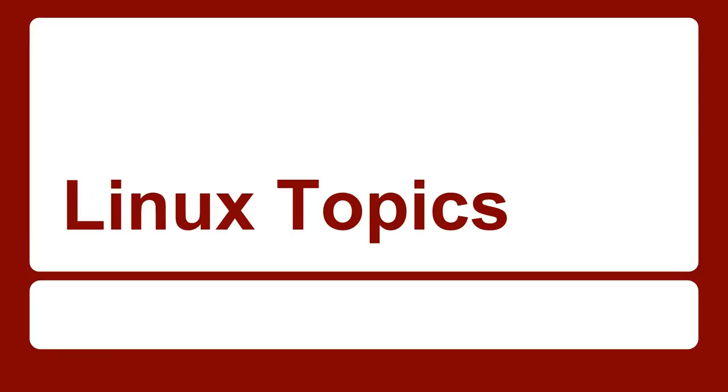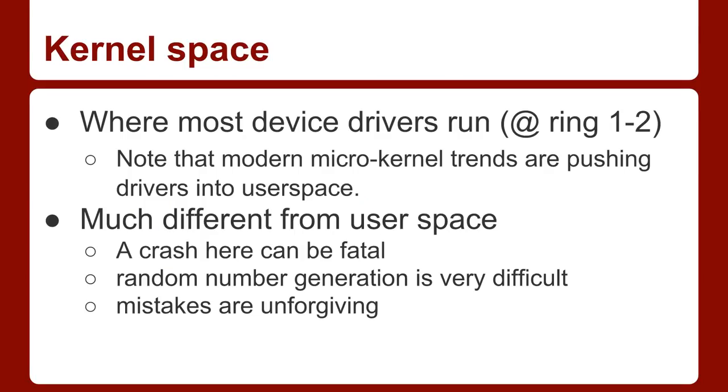So in order to understand this all better, we're going to have to understand an architecture, and the topics that are presented in our coverage of Linux generally apply conceptually to other architectures and operating systems. So kernel space is something that's present in Windows, Linux, etc., and it's much different from user space.